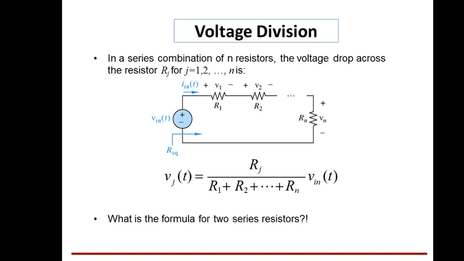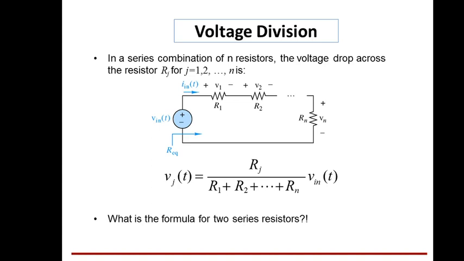If you want the last one, the voltage across R n, then V n equals R n into V in by R equivalent.